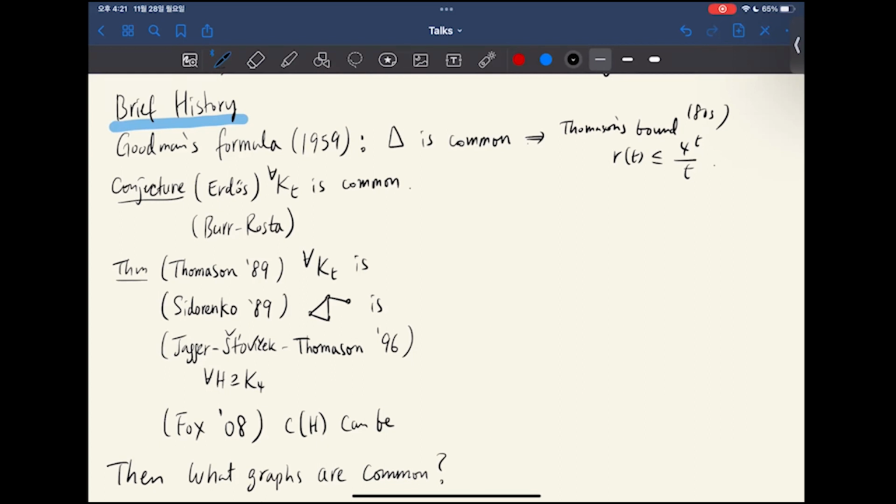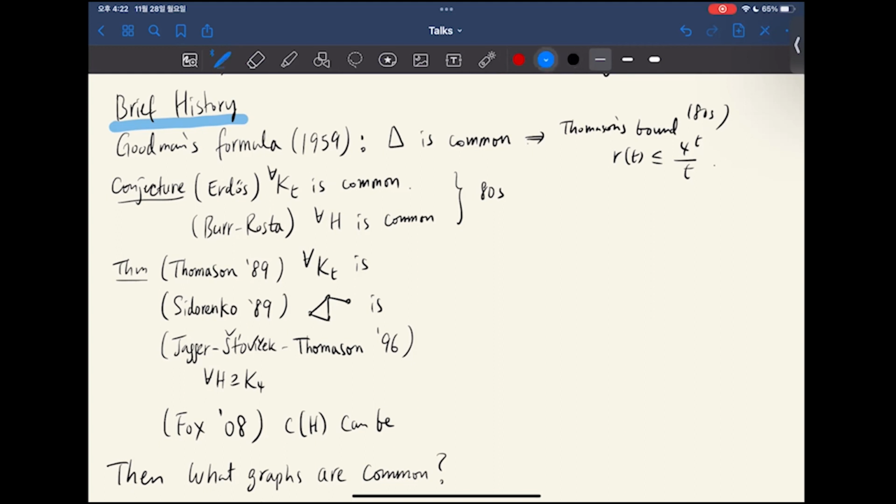And Burr and Rosta later conjectured that any fixed graph H is common. These conjectures were made during the 80s or late 70s. And then these famous conjectures were both disproved by Thomason and by Sidorenko, respectively. So Thomason disproved the Erdős conjecture, which is a weaker statement than the Burr-Rosta conjecture.